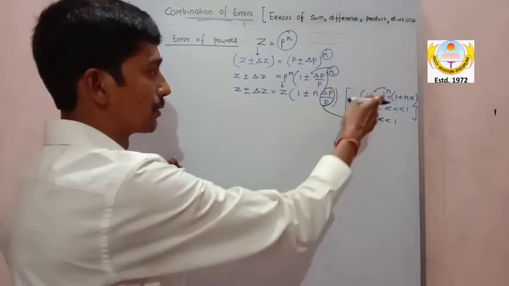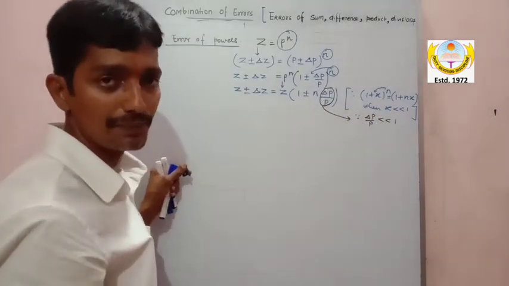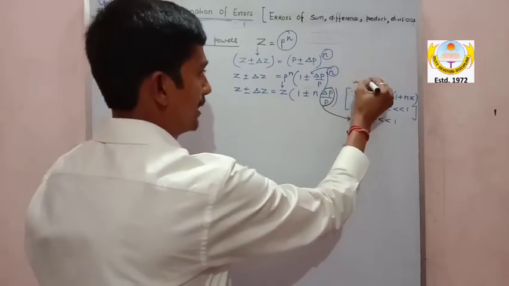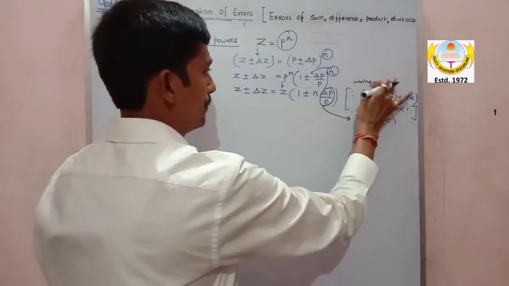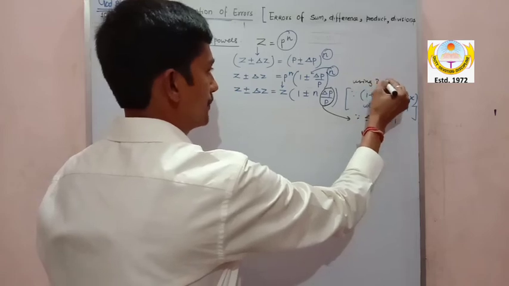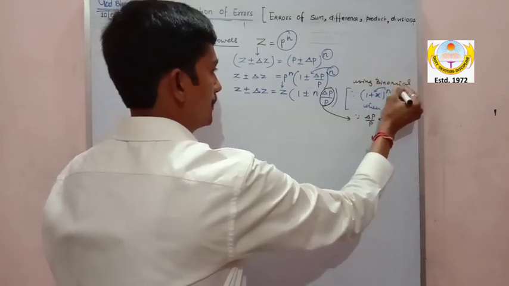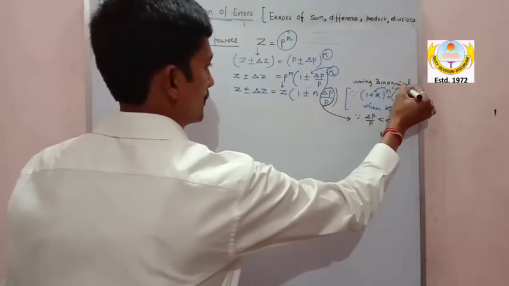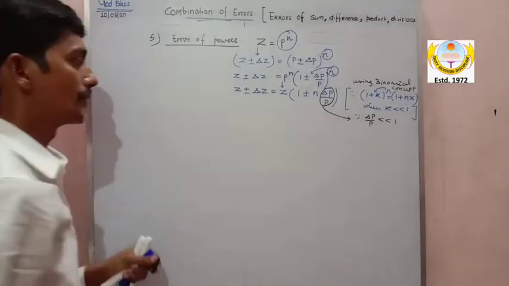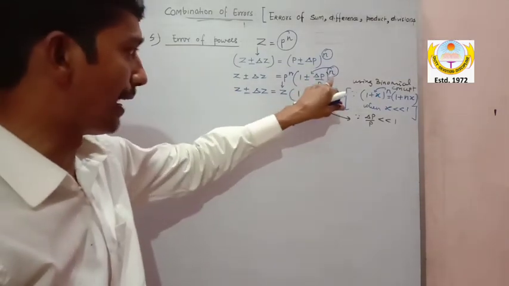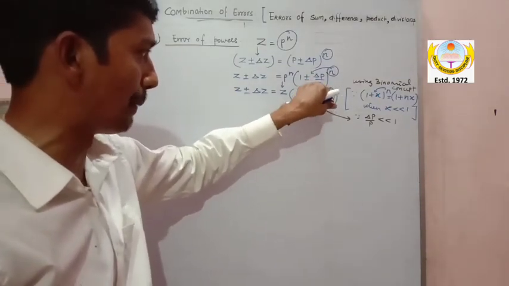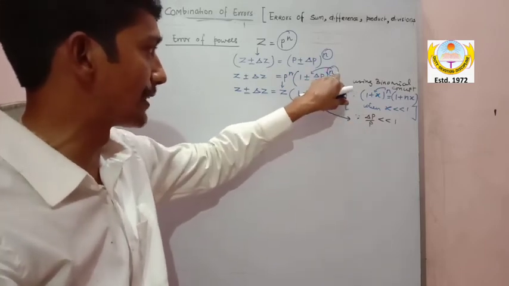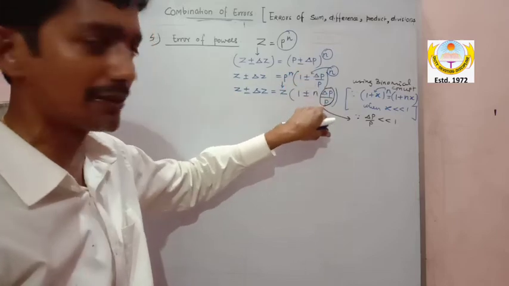So we can apply this rule, called using the binomial concept. Why am I applying this every time? Because this term delta P by P is quite less than 1, and therefore this n gets directly multiplied to this term.